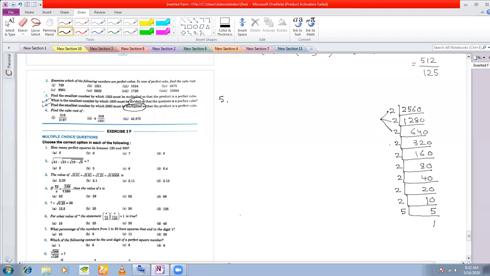One triplet, another one, another one. Three triplets of 2 we are getting, but 5 does not form a triplet.